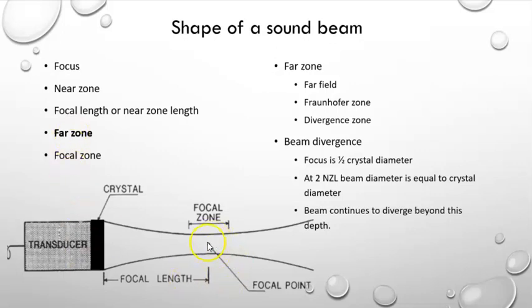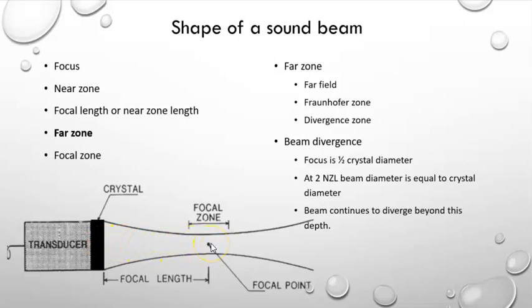This area where it's spreading past the focal zone is known as the far zone, or the divergence zone. So we call this near zone area the near zone. It is the focal length. It also has the name the Fresnel zone because of the near field effects occurring.